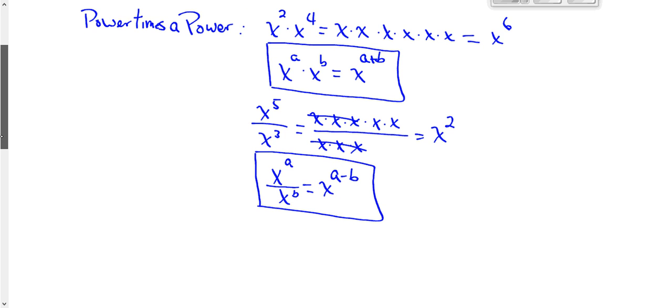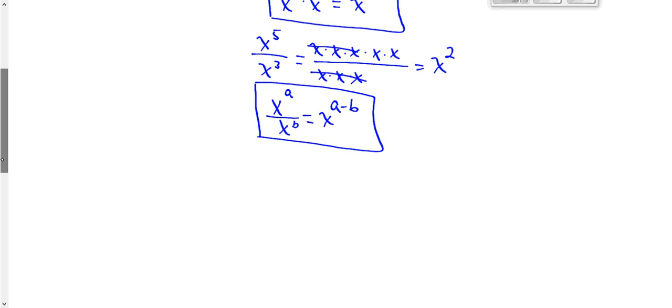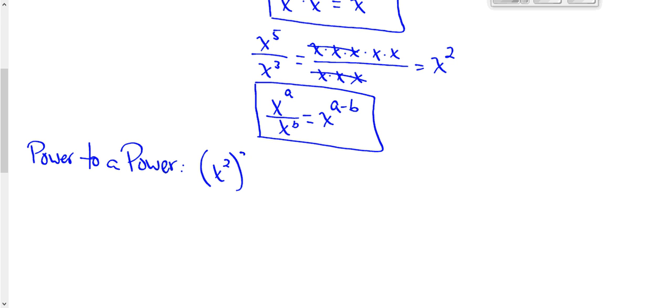Now let's do the power to a power. Okay? So let's say I have x squared like this, and then cubed out here. So power to a power, right?